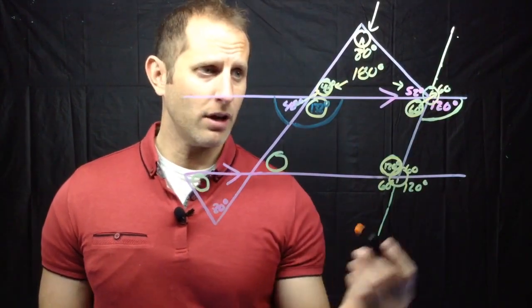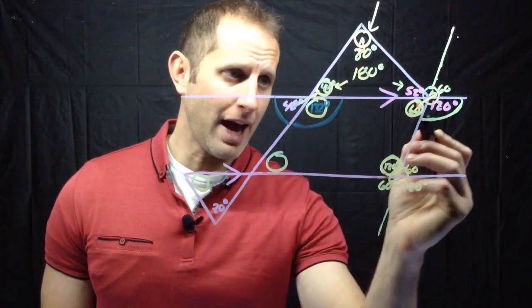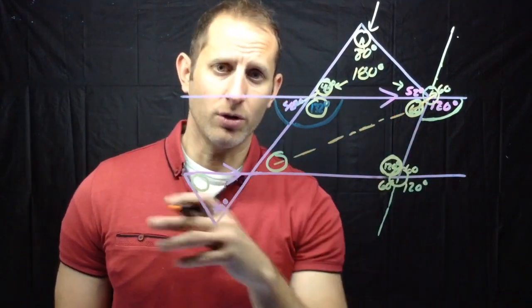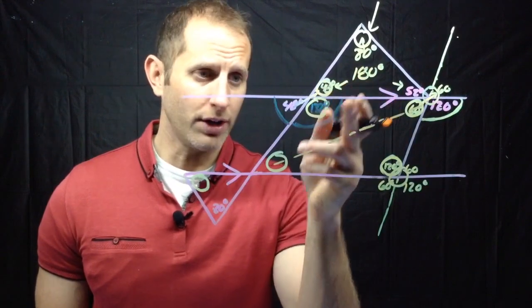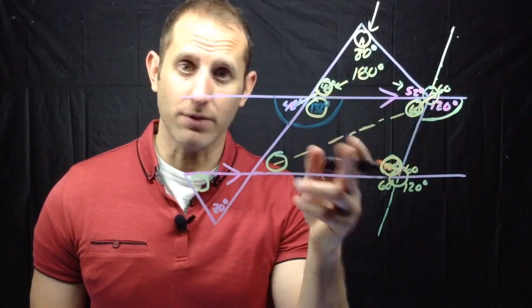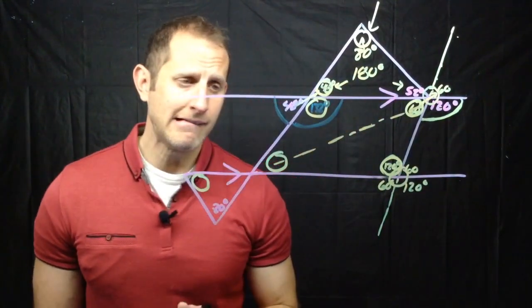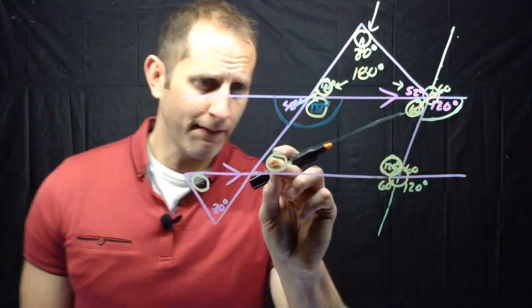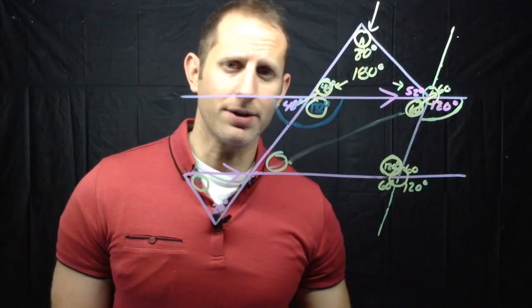And why is that? Well, if I split this quadrilateral in half, I've got two triangles. And two triangles, we know, are 180 degrees and 180 degrees for a total of 360. So let me get rid of that for a second because I don't want that to confuse you. I've got to figure out what this missing angle is.